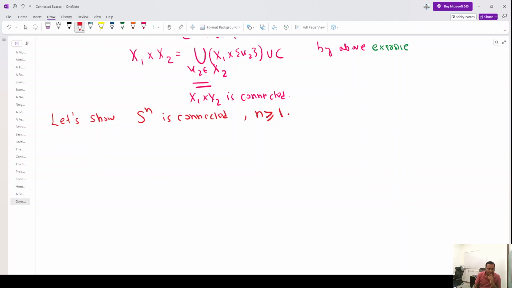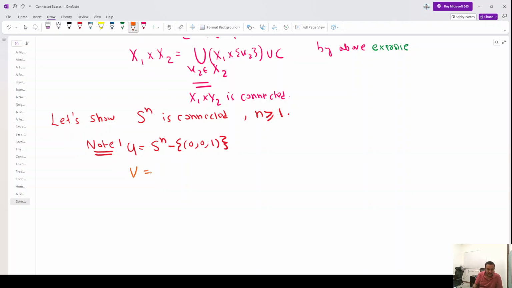Now see, note 1. If you remove 1 point from Sn, 0, 0, 1, this is open, right? So this is this.